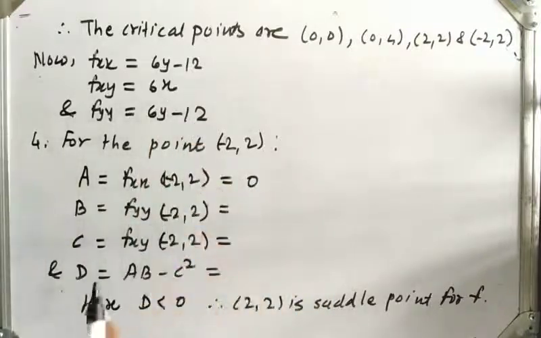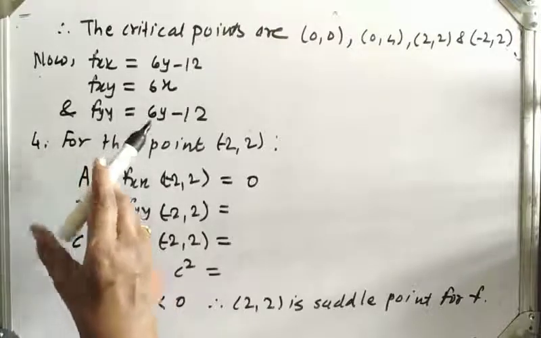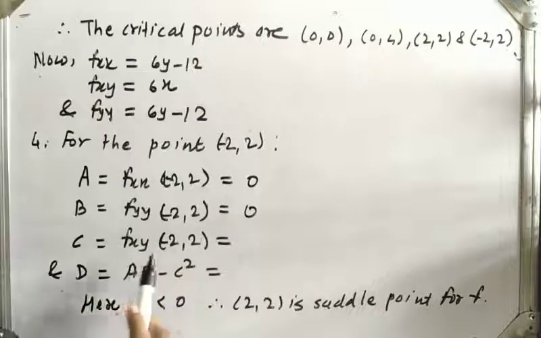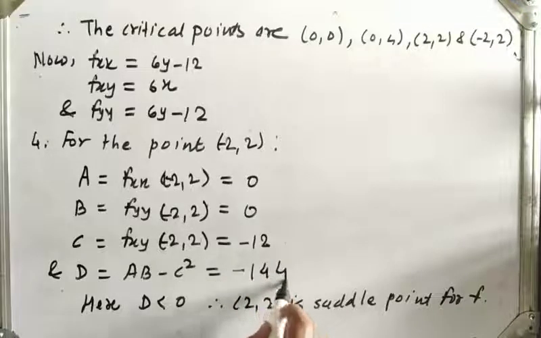Here 6 into minus 2. fyy, 6 into 2, that will be 12 minus 12, 0. fxy will be minus 12. And d is equal to ab minus c square, that is minus 12 square, which is minus 144. Here also d is less than 0, therefore minus 2 2 is a saddle point for the given function. Okay, so let us stop here. In the next lecture we will solve some more examples. Thank you.